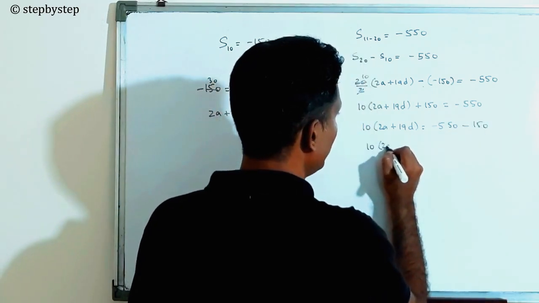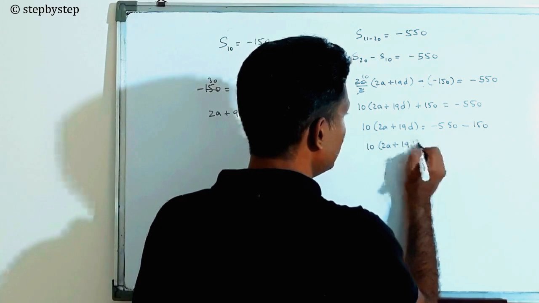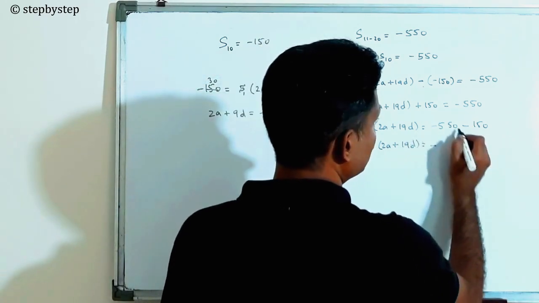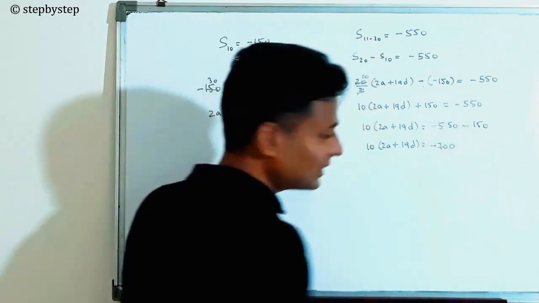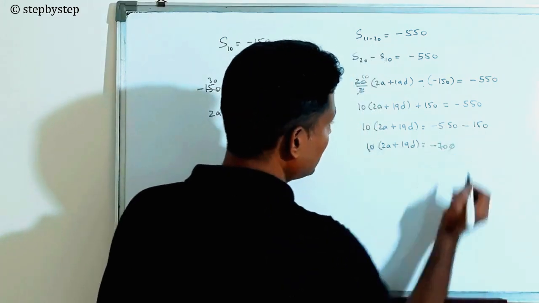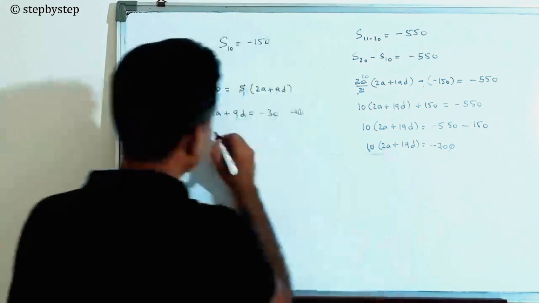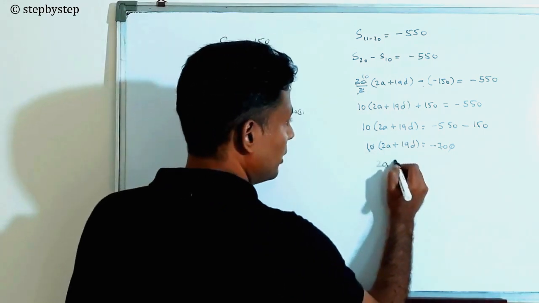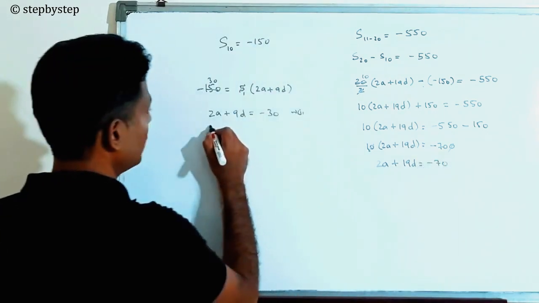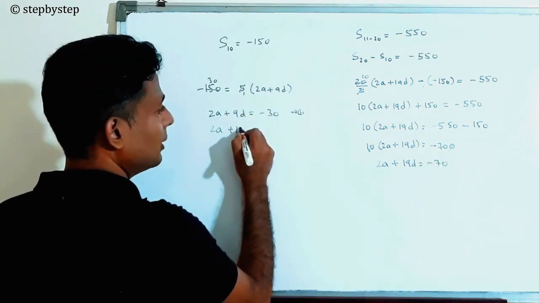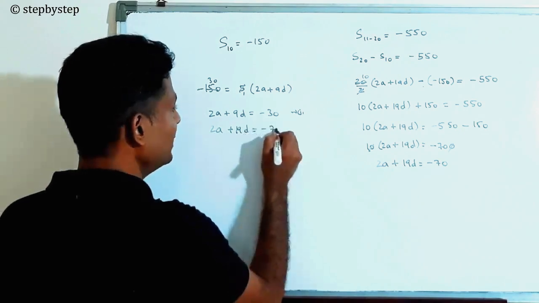So 10 into 2a plus 19d equal to minus 700. 10 sevens are 70. So I get our second equation, that is 2a plus 19d equal to minus 70. So I'll just write it here, 2a plus 19d equal to minus 70.